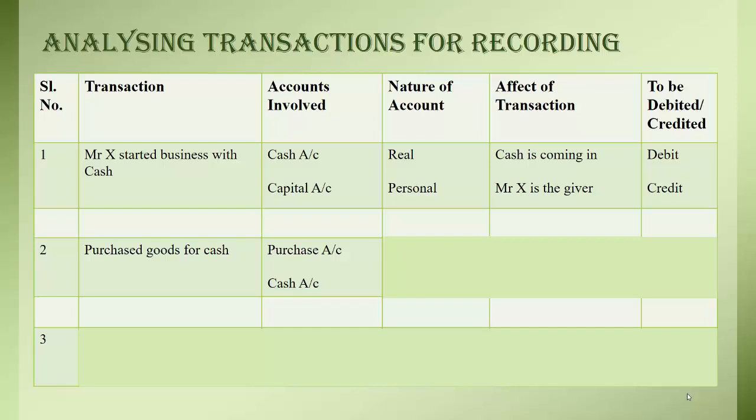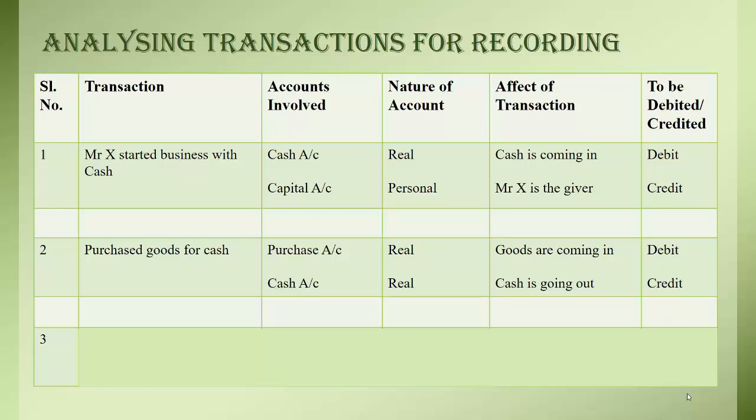The types of the accounts involved in this transaction are purchase account and cash account. Both are real accounts. So the rule for the real account will be applied, which says debit what comes in, credit what goes out. So the purchase account will be debited and cash account will be credited because goods are coming in, so the purchase account will be debited, and cash is going out, so the cash account will be credited.